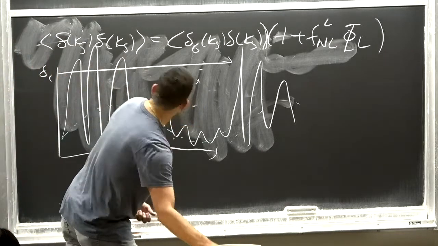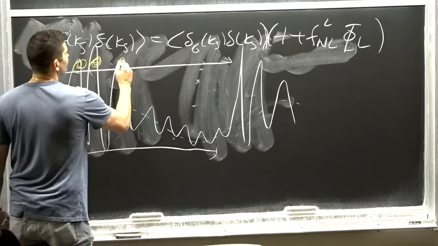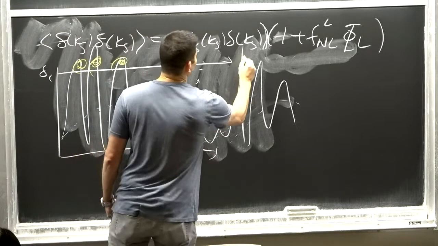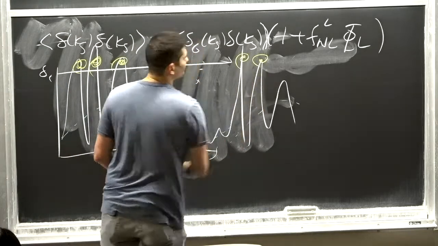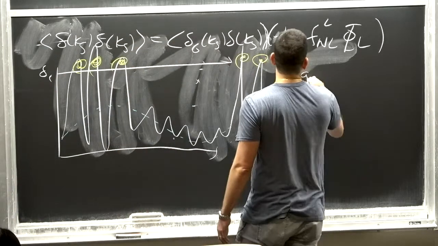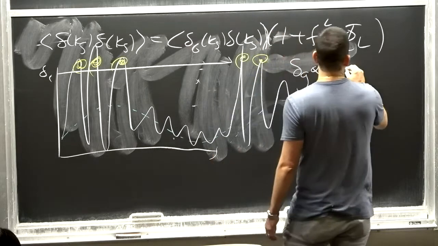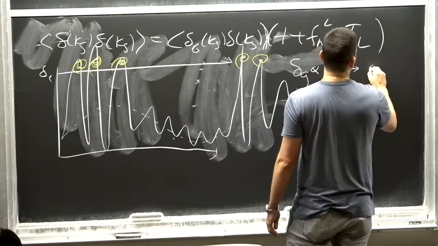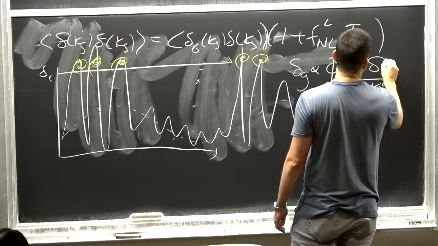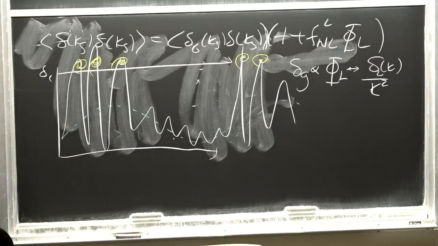So what that means is that you get more galaxies, not where the density is higher, but where phi is higher. So the result is that the density of galaxies is proportional to phi, which is the same as saying it's proportional to 1 over k squared times the density. Okay, does that make sense to people?